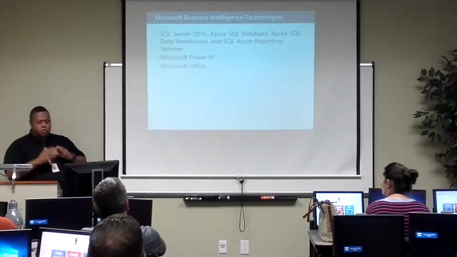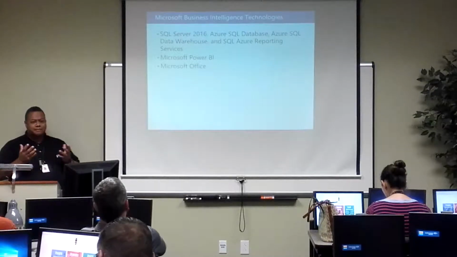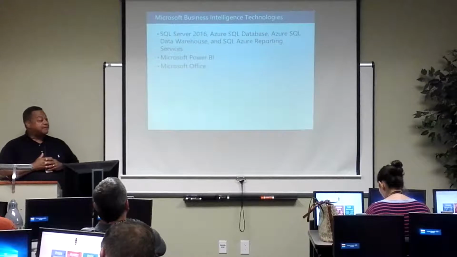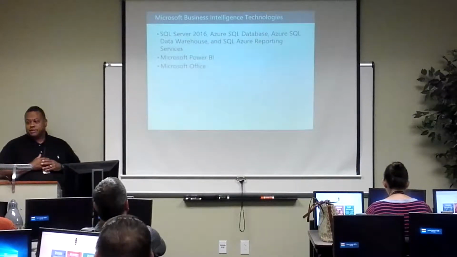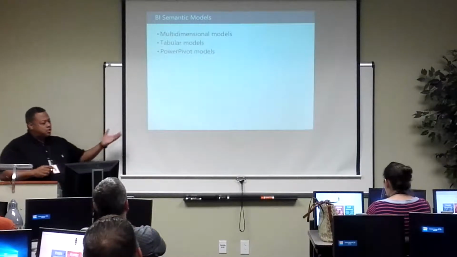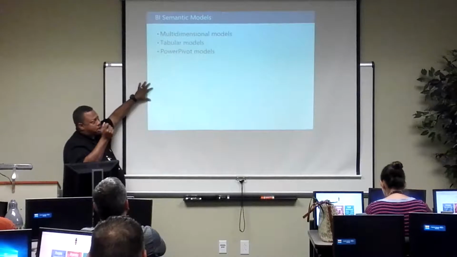Okay, and then we're going to work a little bit with Microsoft Office, because no matter how much you love database technology and SQL and Access, we can never leave out Excel. We always have a need for Excel. So we're going to look at a little bit of how I get that data into Excel. Now, with our BI semantic models, we have multidimensional models.